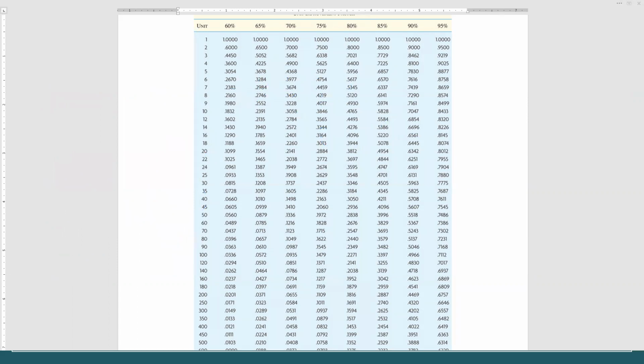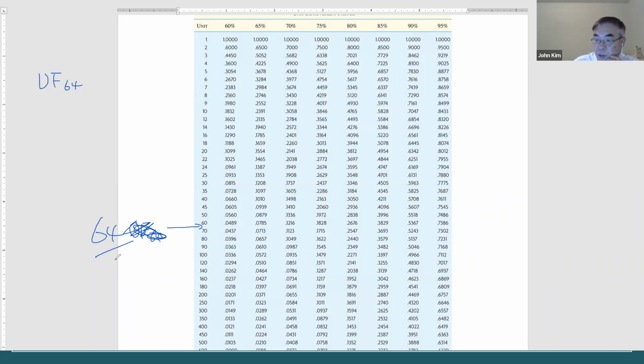Okay, we need unit factor 64. But unit factor 64 we cannot find. So if we cannot find that unit number from the chart, then try divide by 2.